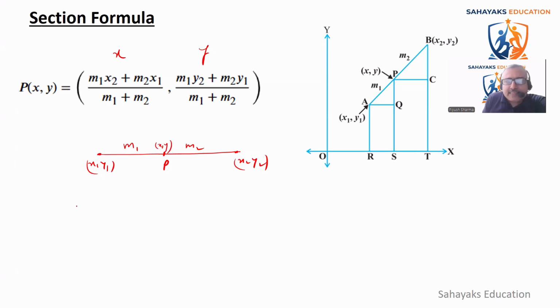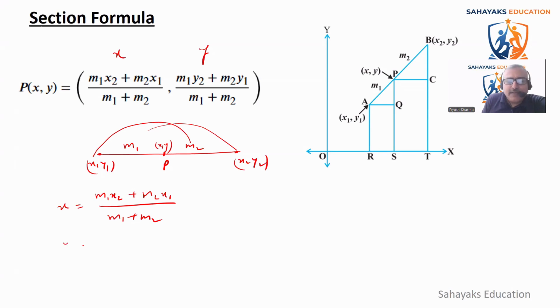The coordinate x will be (m1 x2 plus m2 x1) divided by (m1 plus m2).